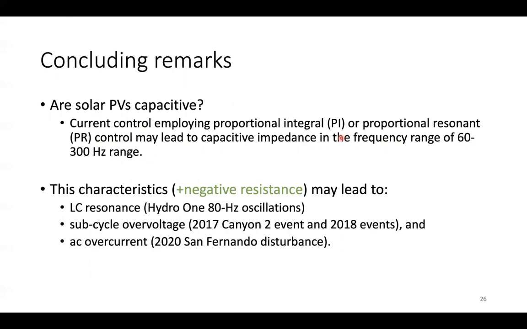Power system people looking at that found that if the impedance is pretty small, then this is inviting trouble. So this characteristic, plus another one, negative resistance, and the small impedance as a total, can lead to the three events that we have just investigated.